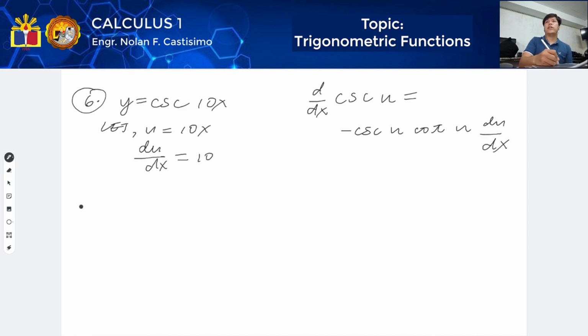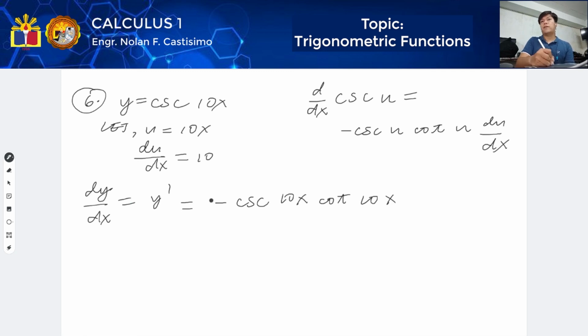Okay? So, substituting, so dy over dx is equivalent to y prime equivalent to negative cosecant 10x cotangent 10x. Parenthesis para di tayo malito, multiplied to 10 kasi yun yung du over dx natin. So, ayusin lang natin. y prime is equivalent to negative 10.